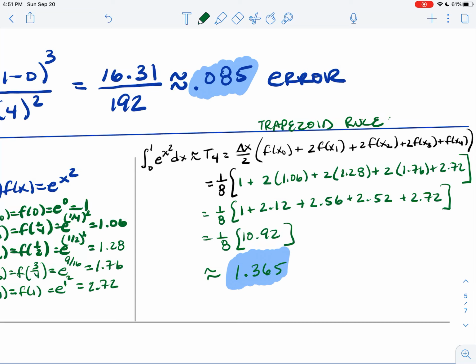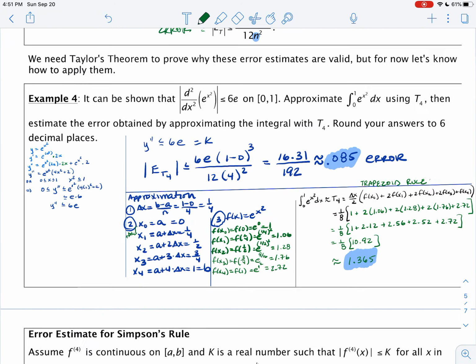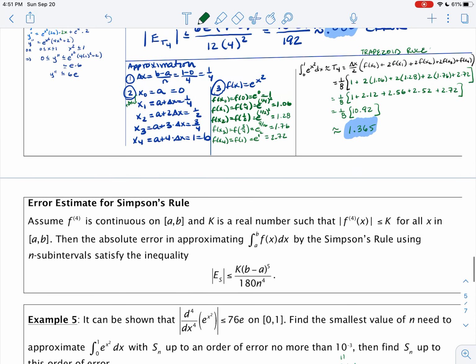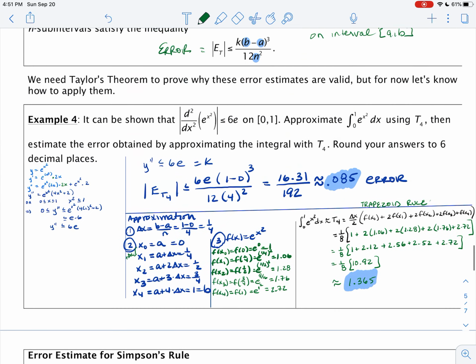So the internal f of x outputs get twice terms, and our last one gets a singular coefficient. So I plug in the values that I found in the previous 3 steps, and I end up making that calculation, and I get 1.365, and I know that I'm off by no more than 0.085.